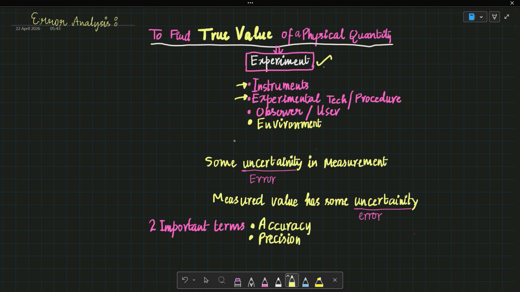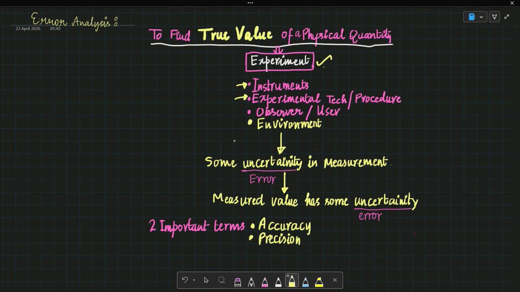And because of these things, there will always be some uncertainty, or you can say some error in the measurement. So it is almost impossible to be very certain that whatever we have measured is the true value.